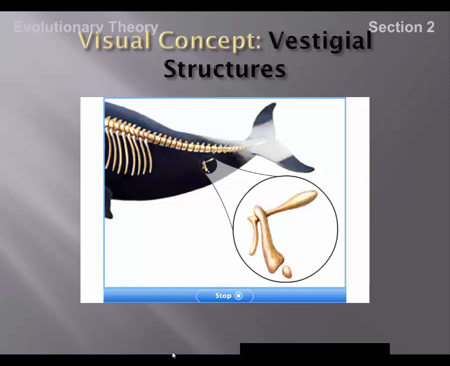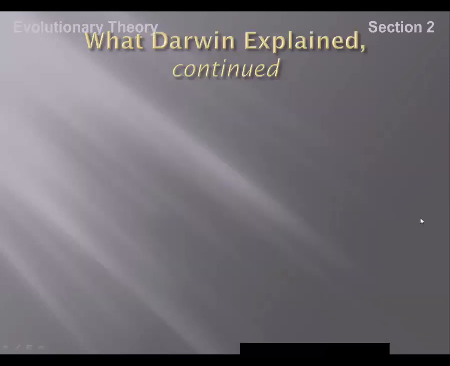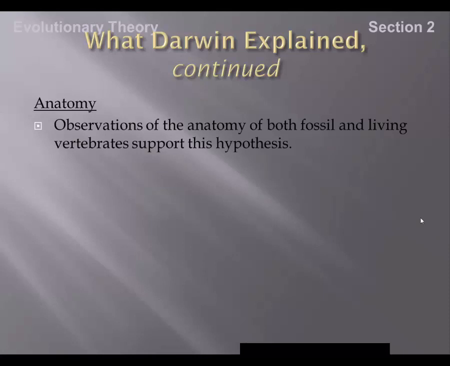Over time, it went back to the sea where it no longer needed its hind limbs for locomotion. So observations of the anatomy of both fossil organisms and living vertebrates helps to support this hypothesis.